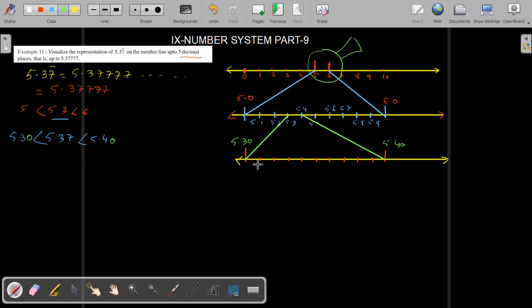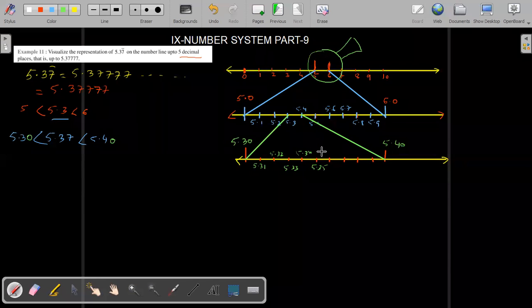So this will be 5.31, 5.32, 5.33, 5.34, 5.35, 5.36, 5.37, 5.38, and 5.39, and 5.40.